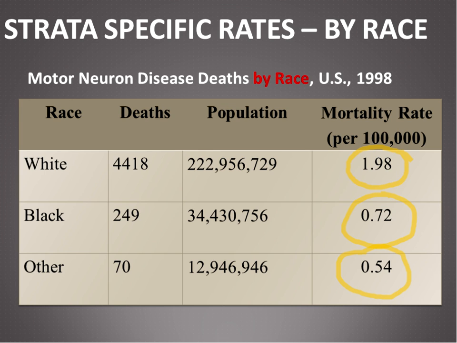Please just know that I try to make this as simple as possible. If you're in the other category, I don't mean it in a bad way of any way, by ethnicity. And there again is when we're adding on our unit per 100,000 people, so that our numbers are more manageable. They're much easier to look at.